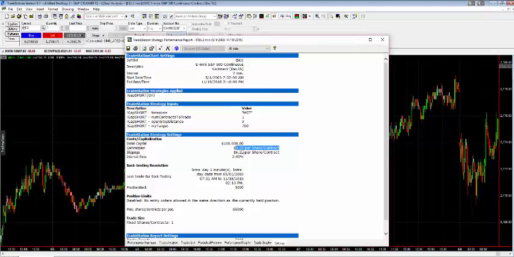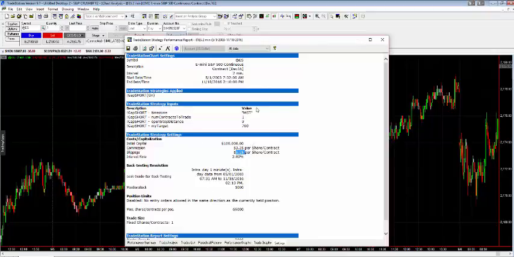So round trip, meaning the buy and the sell, or the sell and the buyback, is $6.50. The slippage we use is one tick round trip, so that's $12.50 per round trip trade.